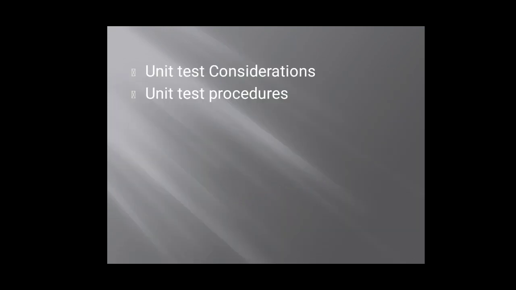The next is unit test procedures. When we talk about unit test procedures, each and every test case will be checked with the help of expected results, meaning with the condition that my result will be this as expected, we need to check according to those conditions. That is done in the procedural test.